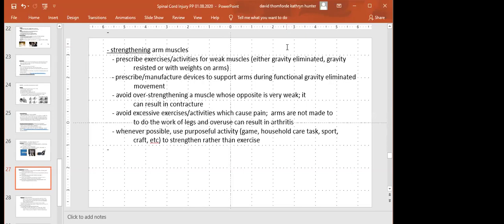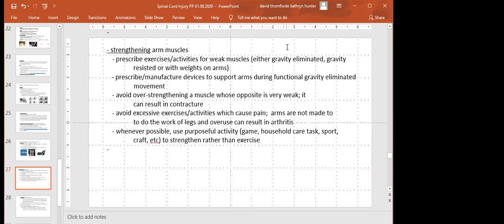And with that device, some people, for instance, can learn to feed themselves. They can learn to reach out to the side, pick up some food, bring it back to their mouth, with their arm being held by this sling.